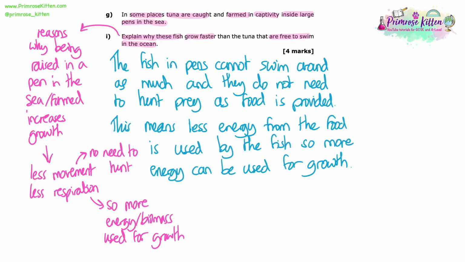So more biomass from the food is converted to biomass in the fish. That's fine. You've got slightly different wording in the mark scheme that you can use, but you've got these four points: they're not moving around, they're being given loads of food, they're not wasting energy moving or catching prey or doing something else through respiration, and so therefore more of that energy or more of their food can then be transferred into their biomass.